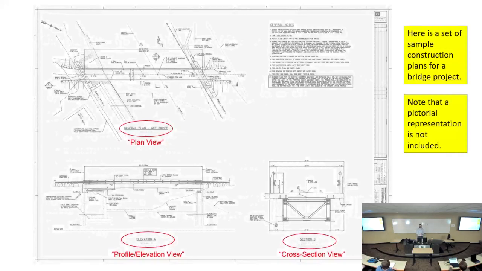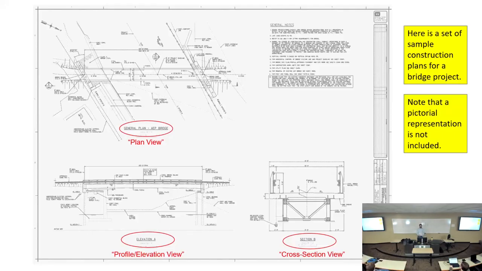Okay, so this again, bridges actually serve as a very nice way of explaining the views for civil engineers. So if we're looking at a bridge, okay, the terms that we use are a plan view, a profile view, and a cross-section view.